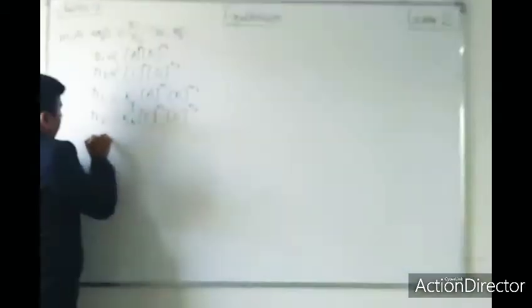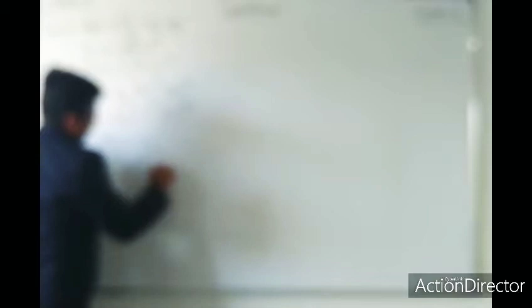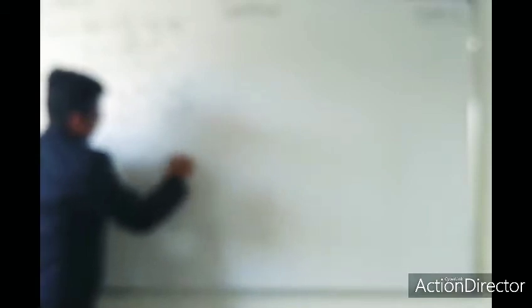Since R1 is equal to R2 at chemical equilibrium, Kf times concentration of A and concentration of B is equal to Kb times concentration of C and concentration of D. Do you remember? And after that what did we do?